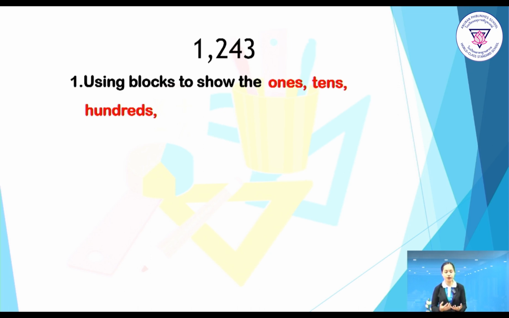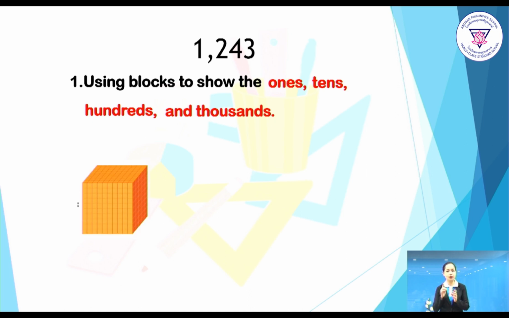We are going to look at the relationship of these values. I have here example number 1. What can you see in number 1? Is it a block of ones? Is it a block of tens? Is it blocks of hundreds or thousands? Can you answer me? Very good. The answer is 1,000.